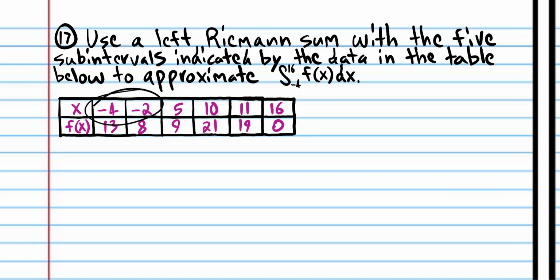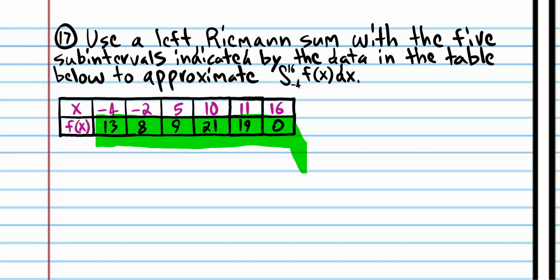You have some negative numbers here, so you have to be careful. If you do -4 minus -2, well then you're going to get a negative number. In this case, we don't want that. Or that equation is true, but we don't want the negative number. And the reason for that, again, is because we're integrating from left to right. We're starting at -4 and going to 16, and all of these numbers are above the x-axis.